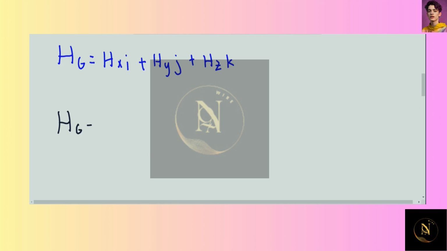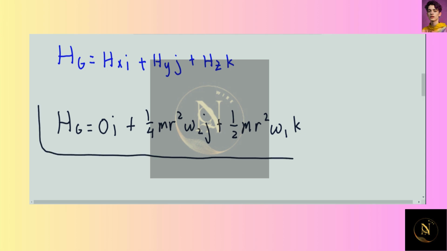So now the final angular momentum is equal to 0i plus 1 over 4 mr squared omega 2 j plus 1 over 2 mr squared omega 1 k. And this is the angular momentum across the disk.